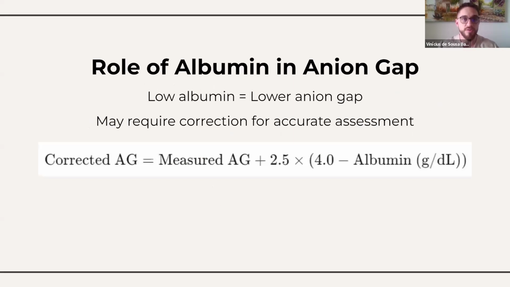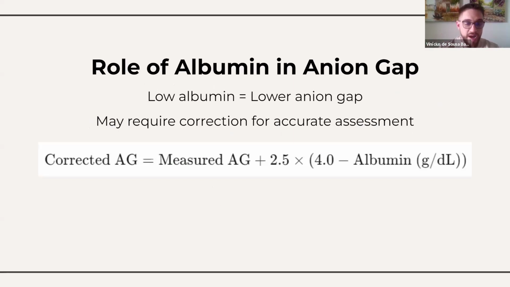Besides, there is also the role of albumin in the anion gap, and the albumin is the major negative anion in the intravascular fluid. And the conclusion is if you have a low albumin, you have a lower anion gap, so you'll have a falsely low anion gap.